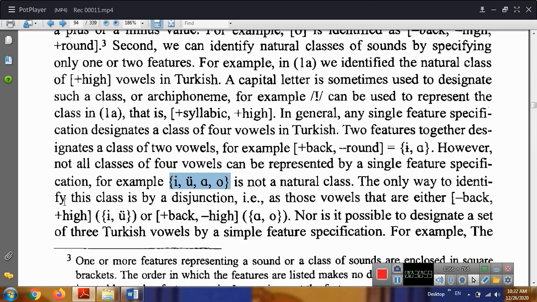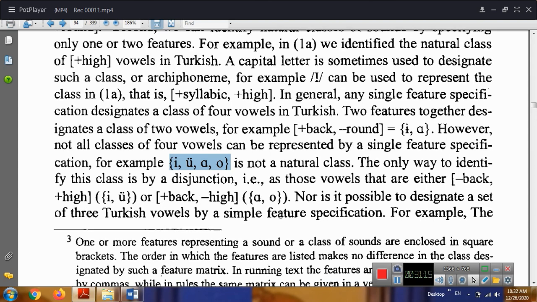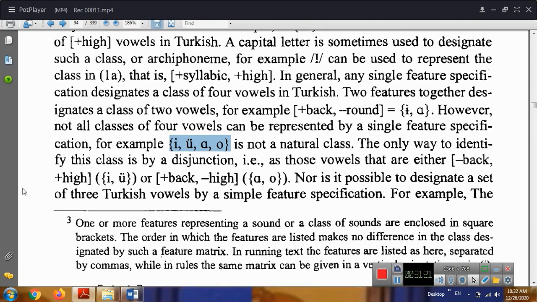The only way to identify this class is by disjunction, as those vowels that are either minus back plus high, like E, U, or plus back minus high, A, O. Nor is it possible to designate a set of three Turkish vowels by a simple feature specification.